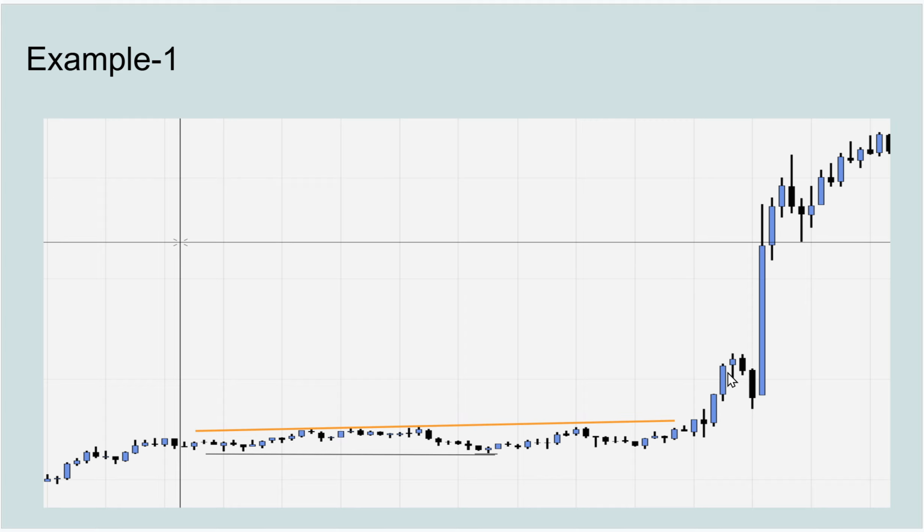So now you have multiple choices for how to enter here. Either you enter at the close of the follow-through bar, or you can enter anywhere in this breakout area. Your stop loss should go below. You shouldn't put a stop loss here.